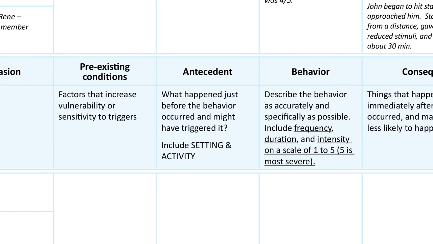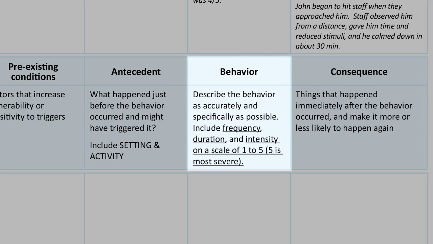The next part of this is giving information about the behavior. As you describe the behavior, you want to describe it as accurately and specifically as possible, including the frequency, so how many times it occurred, the duration, how long the behavior occurred, and the intensity.